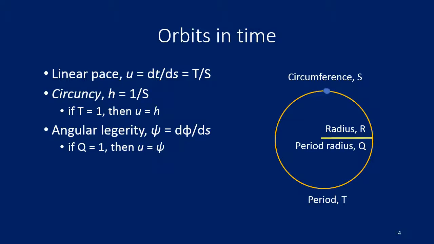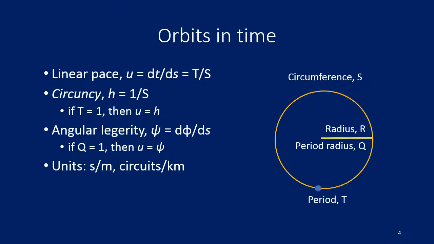Define the angular legerity, psi, as the change in phi, which is the time angle, divided by the unit length. And if the period radius q is equivalent to 1, then the linear pace and the legerity are equal.